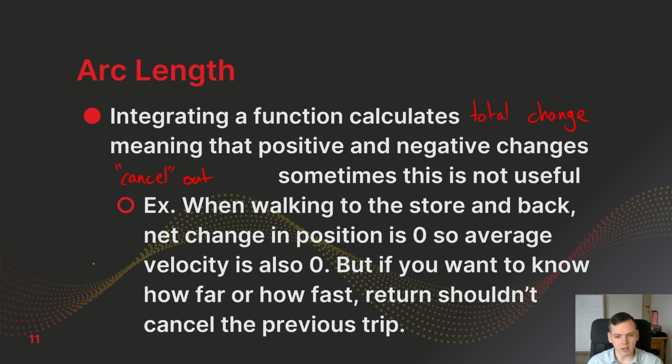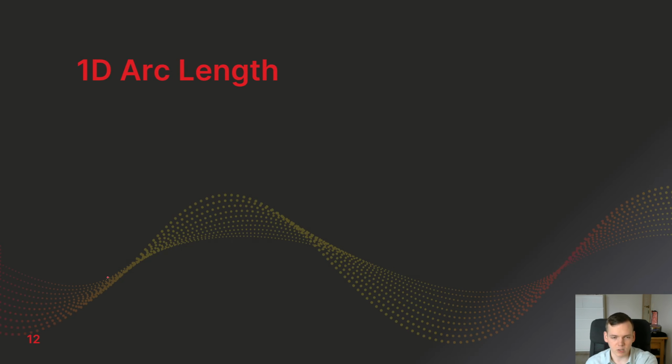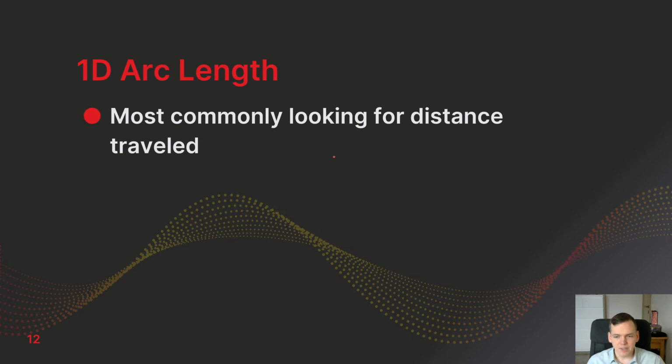So this is where we talk about arc length. Arc length will give you a way of adding it all together. It won't worry about whether it's positive or negative or stuff like that. So 1D arc length, if you just have a line going back and forth in one dimension, is most commonly used for distance traveled when referring to motion.